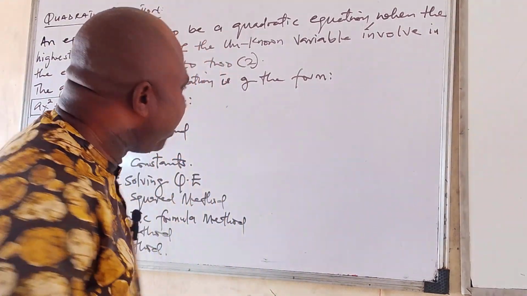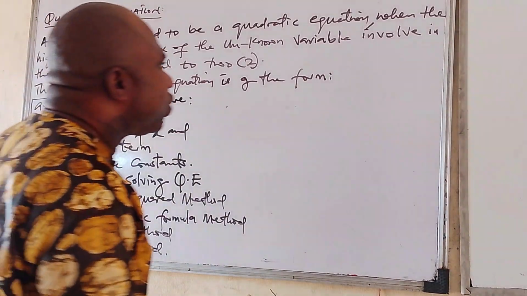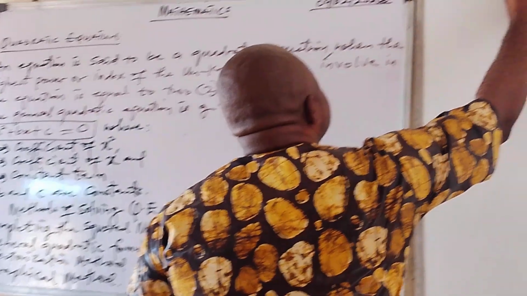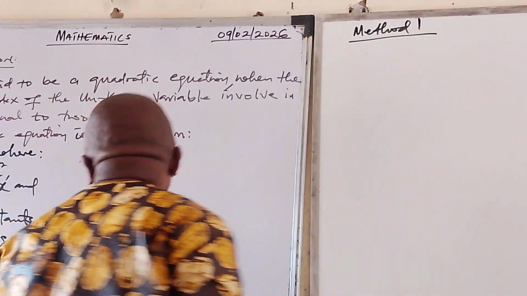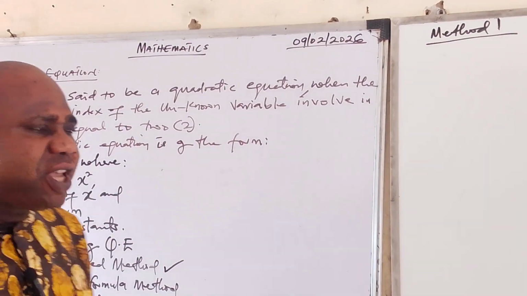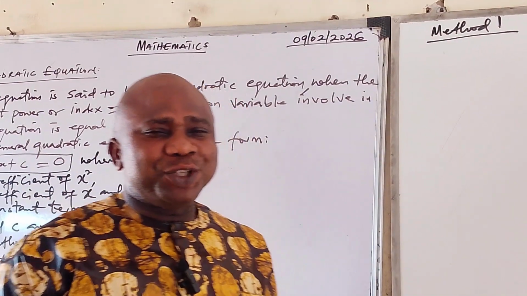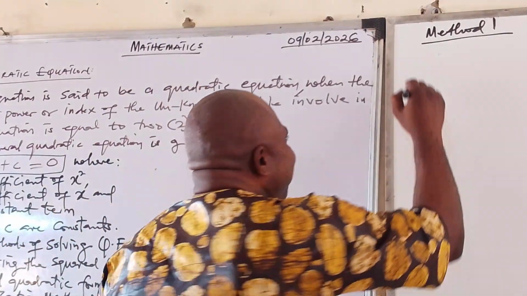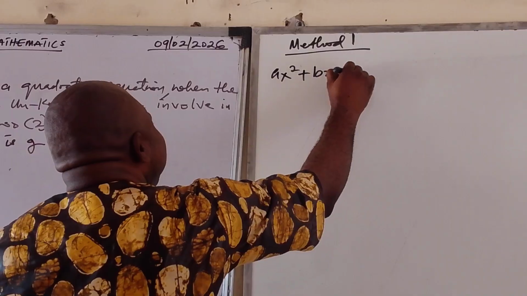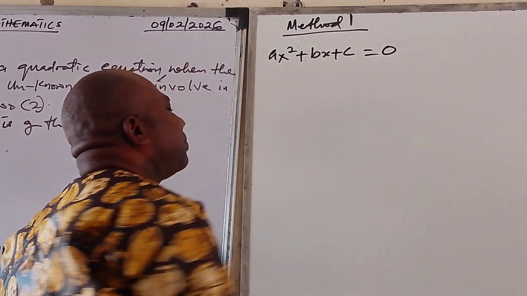Now, in using the first method, that is the completing the square method, method 1. Now, remember we said the general quadratic equation is of this form: ax² plus bx plus c is equal to 0.